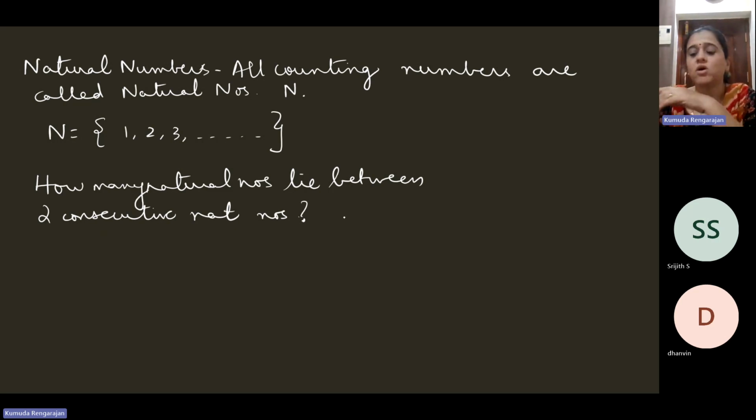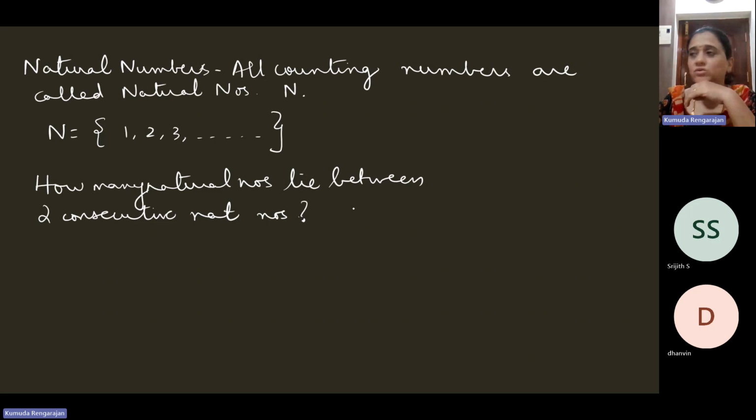Infinite. Online children, am I audible? Srijit and Dhanvin? Yes, ma'am. My screen is visible, right? Please answer this question. How many natural numbers lie between two consecutive natural numbers? None, ma'am. Nothing. Zero numbers.